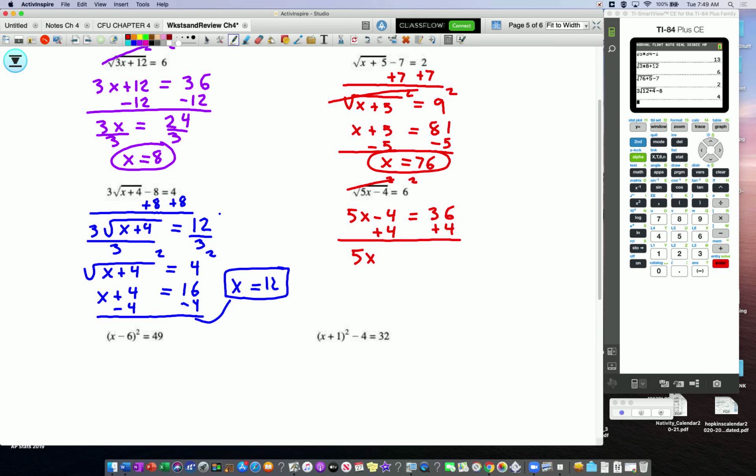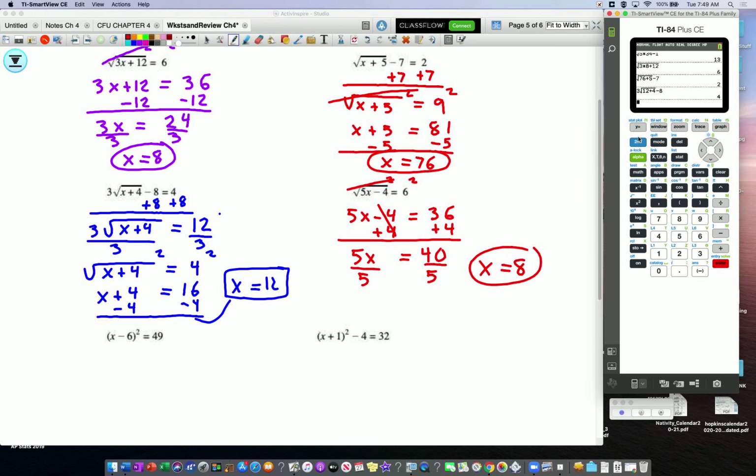So 5x equals 40. Divide both sides by 5. x equals 8. So again, I'm going to do a last check. Square root of 5 times 8 minus 4 equals 6. And it does equal 6. So just like that, I got all those problems right.